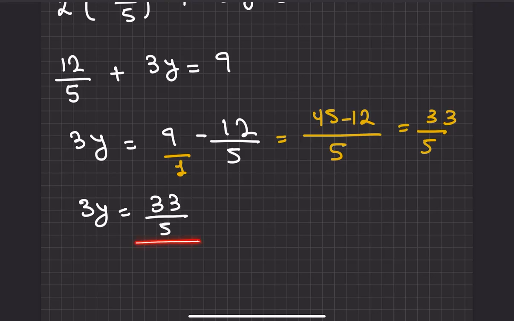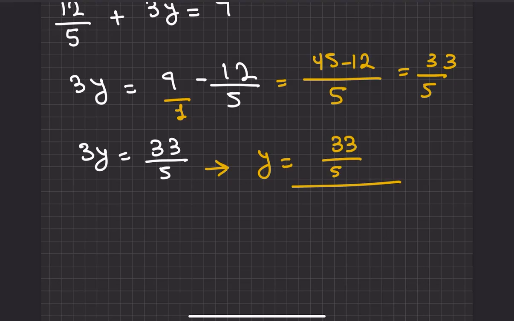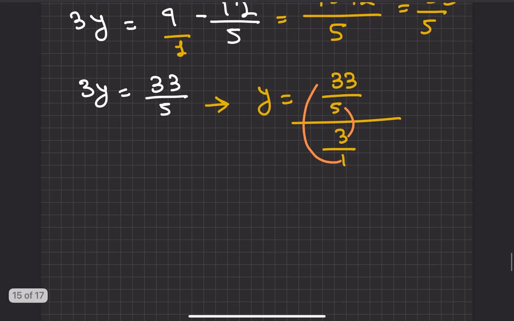You have to divide the whole thing by 3 in order to find y. So let me show you my method. So y equals 33 divided by 5. Then you make a bigger division line, and you write down 3 divided by 1. You multiply these two in order to find y.